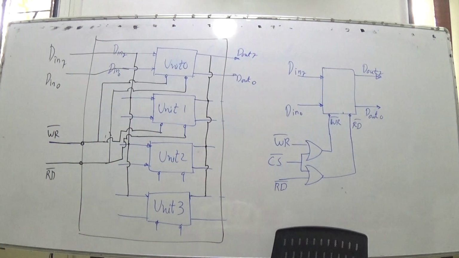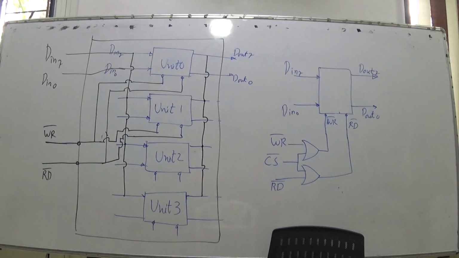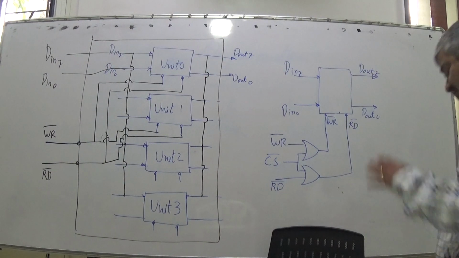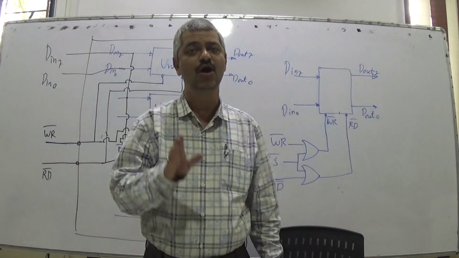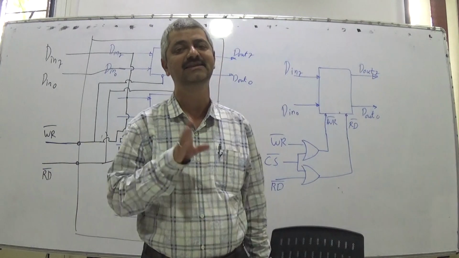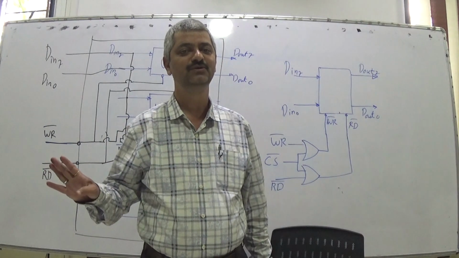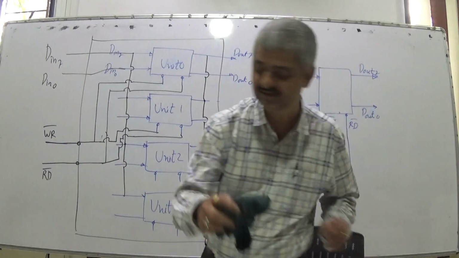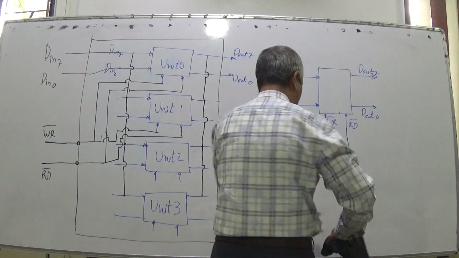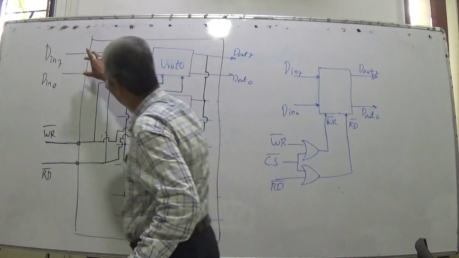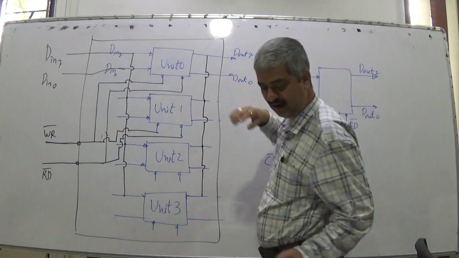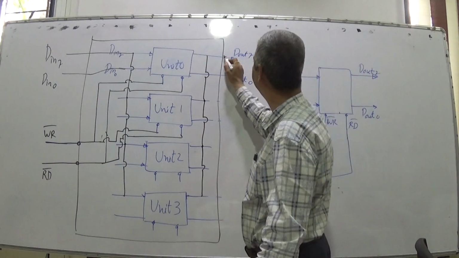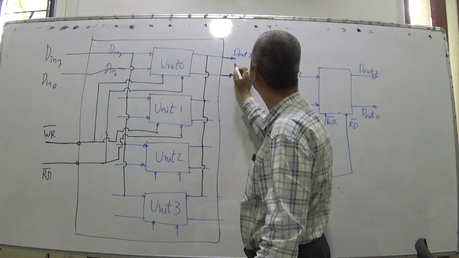Similarly, I combine the 8 data output lines. So the number of data output lines which a 4 byte memory cell has is also 8. I combine read bar of all 4, and write bar of all 4. So the number of lines which a 4 byte memory cell has is 8 plus 8. These are overall lines now.